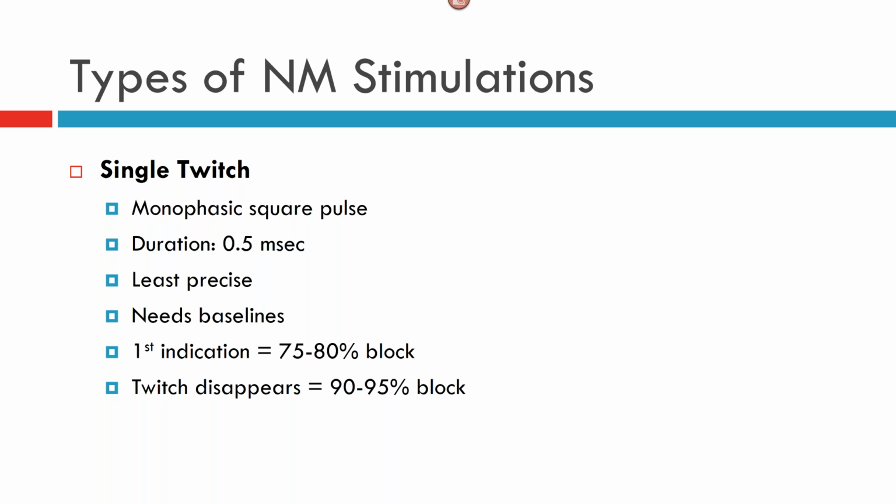These are the least precise, and they need a baseline. With a single twitch, you need a baseline before you give muscle relaxant, and you compare each twitch with the baseline twitch. The first indication is a 75 to 80% block. If the twitch disappears, that means the patient has a 90 to 95% block.